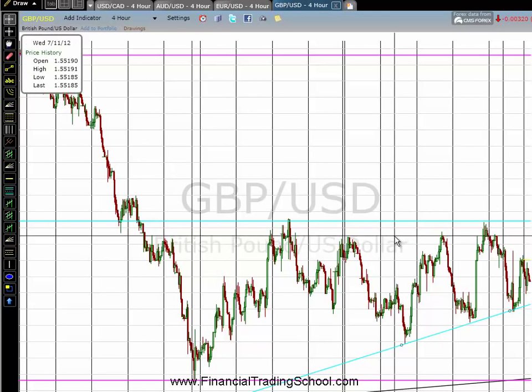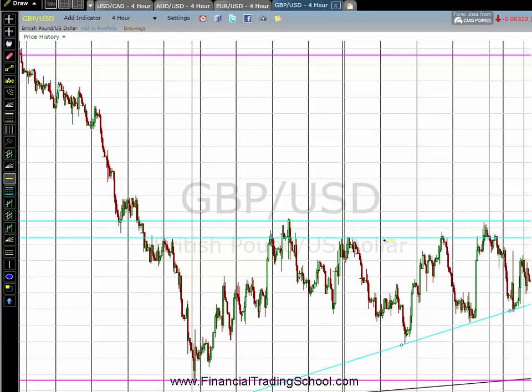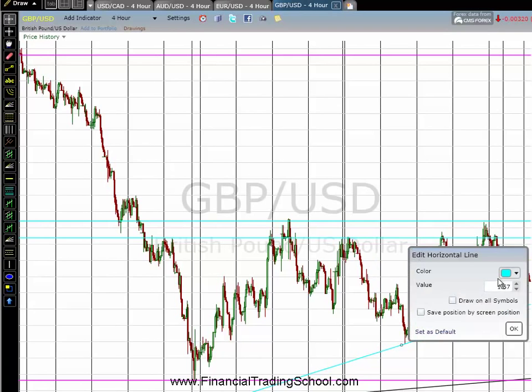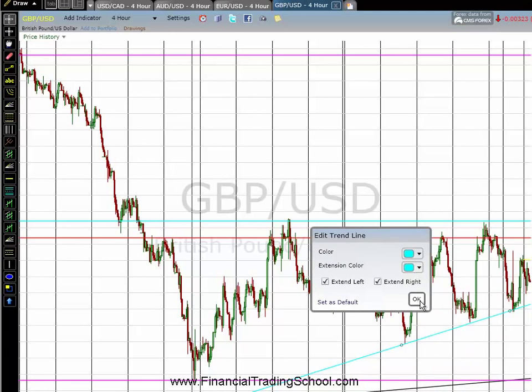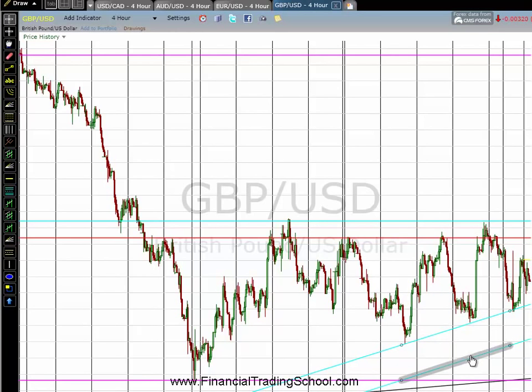Maybe you can add a level right there like that. So this is a minor SR level in addition to your other one. See a minor trend line kind of like that.